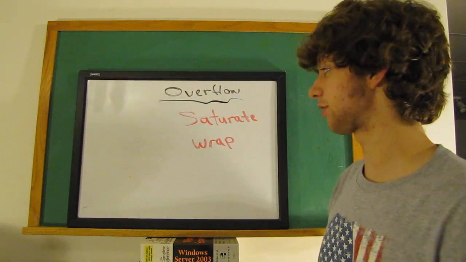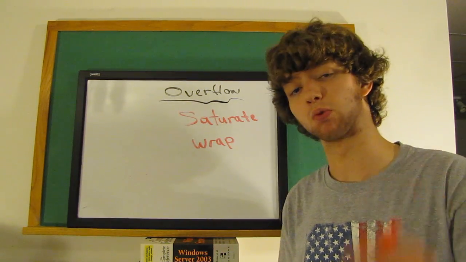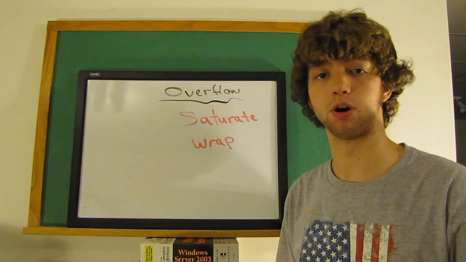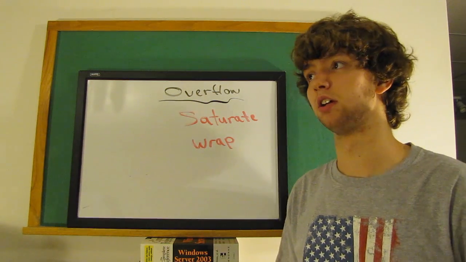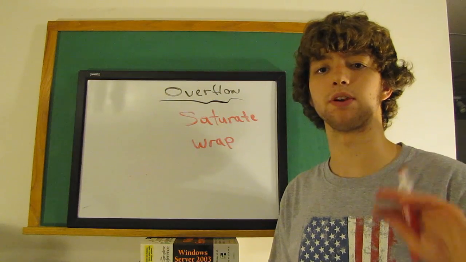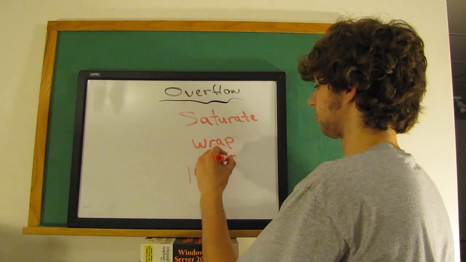Well, if numbers saturate, that means once you're at the maximum possible value and you try to add 1 more, it's not going to work and it's going to stay at the maximum possible value. So this doesn't have to be for binary, this can be for anything. So let's just say we have a maximum value of 1025 for some reason.